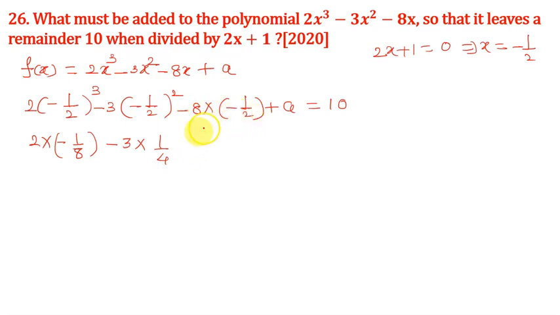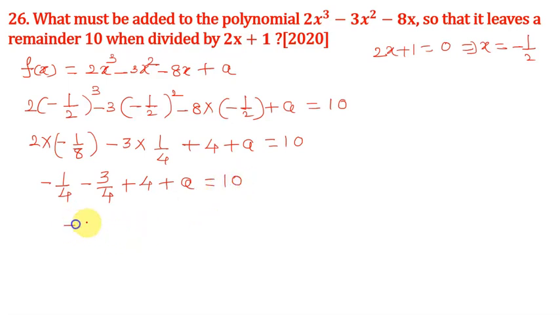Next, 2 ones are 2, 4s are 8, minus minus will become plus, plus 4 plus a is equal to 10. Next is minus 1 upon 4 minus 3 upon 4 plus 4 plus a is equal to 10. That is minus 4 upon 4 plus 4 plus a is equal to 10. Minus 1 plus 4 plus a is equal to 10.